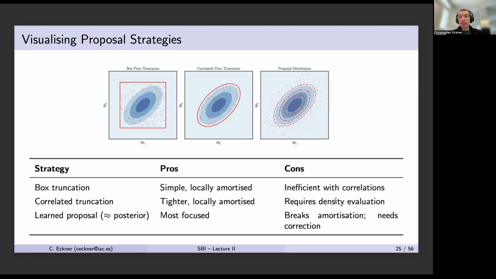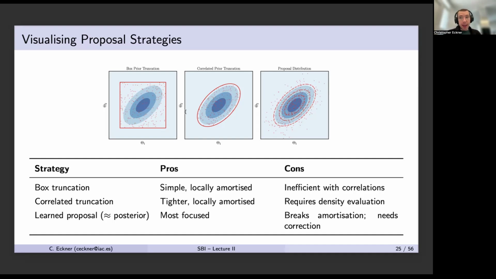However, this requires density evaluation, so it's numerically more involved to do, but it doesn't ignore the fact that there are correlations in your parameters, and keeps the correlations. It requires more evaluations of the posterior, so there's a bit more numerical overhead.